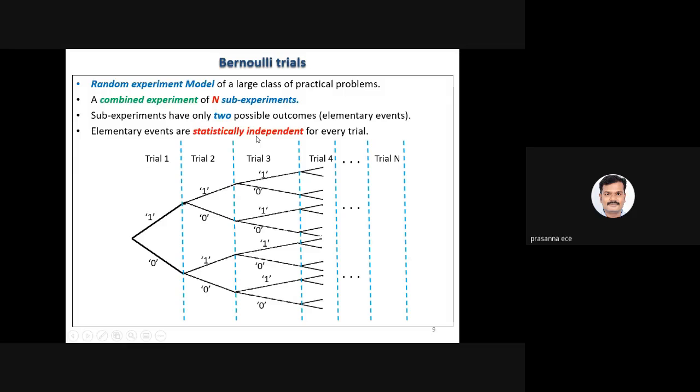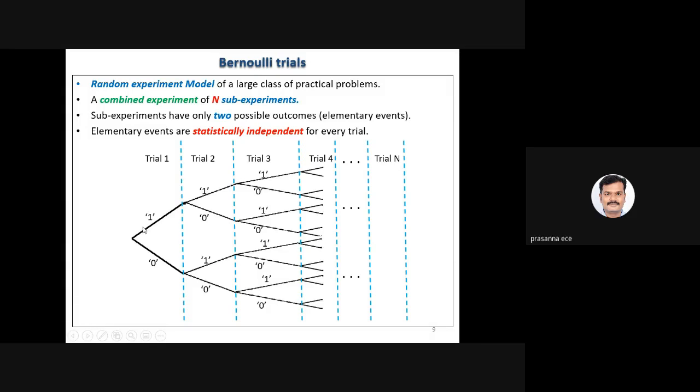So we are applying our previous definition of independence between 2 events to elementary events, that is, different tosses. There are a lot of examples that we can describe using the Bernoulli trial model. To immediately understand what a Bernoulli trial is, you can consider the example of our coin toss.